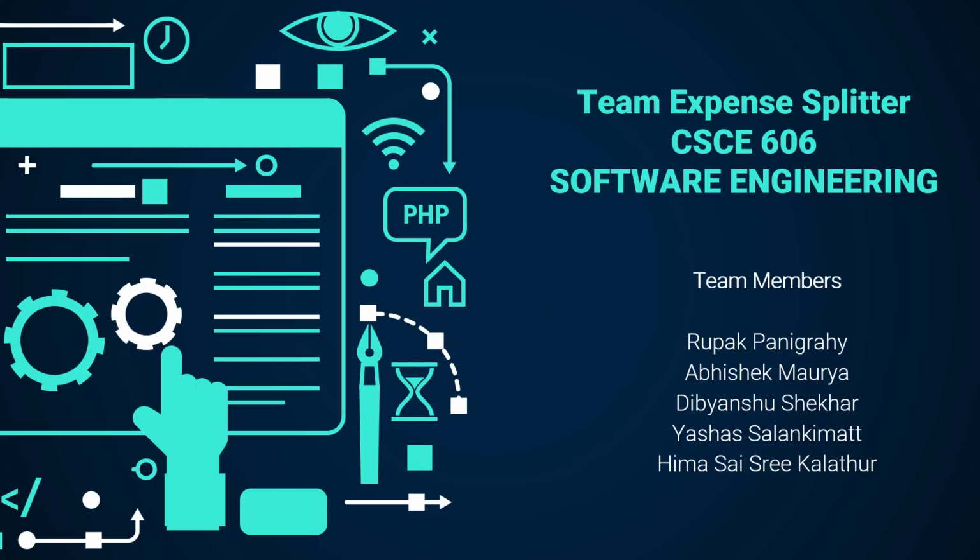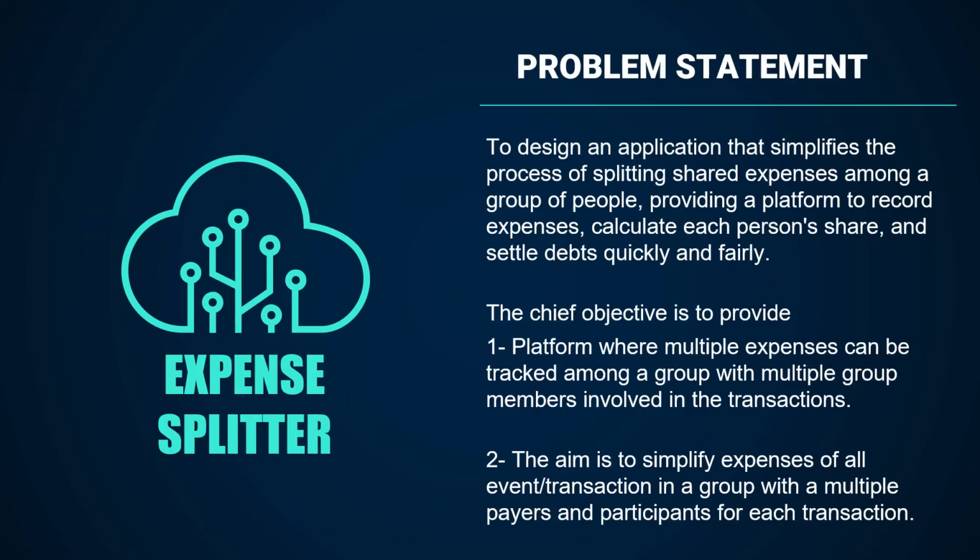I, Abhishek Maurya, am going to give a brief presentation of our project app, Expense Splitter. Our aim of the project was to design a web application where users can record their transactions for any event performed in a group with multiple members, so that they can keep track of payers and participants in each expense or transaction.